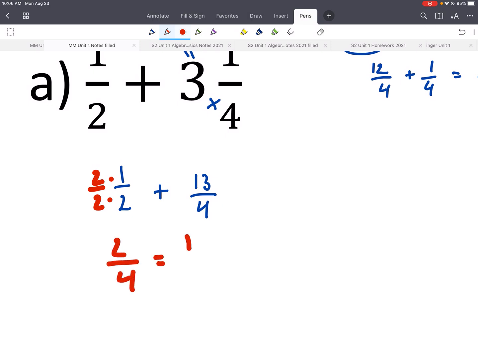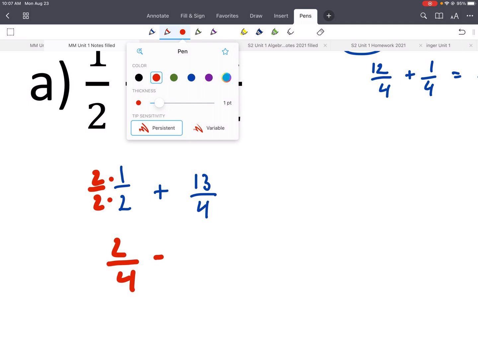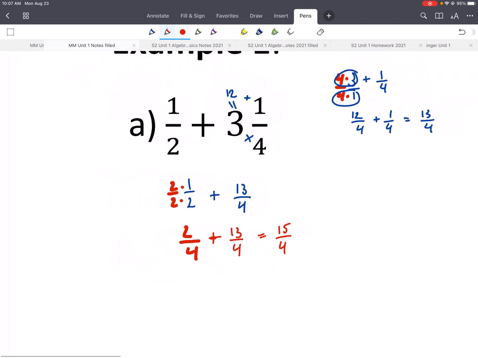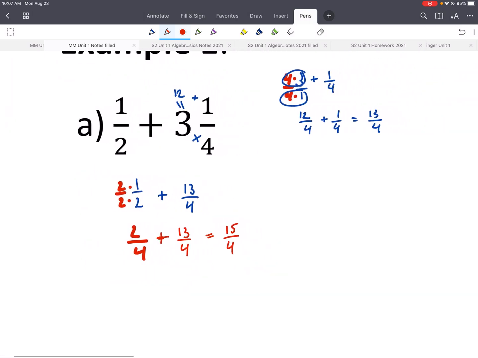And then we have plus 13/4. Again, when we add fractions, we add the numerators and we keep the denominator, so that'd be 15/4. Okay? And this will go quicker and quicker as you remember how to do this.